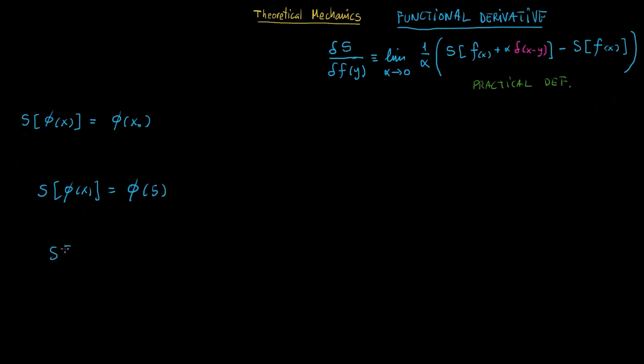So if you introduce 3x, for example, then you will obtain 3 times 5, 15. So you introduce a function and you get a number. This is perfectly a functional. Useless functional if you want, but a functional.